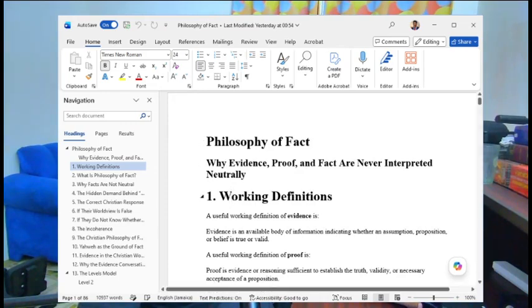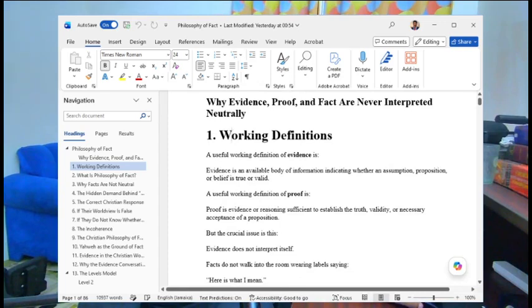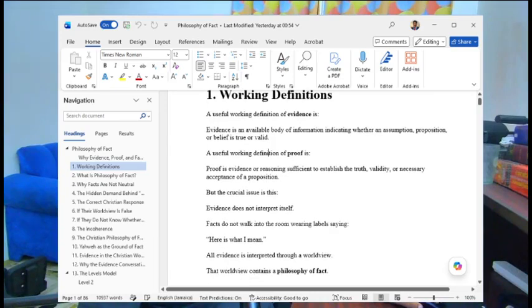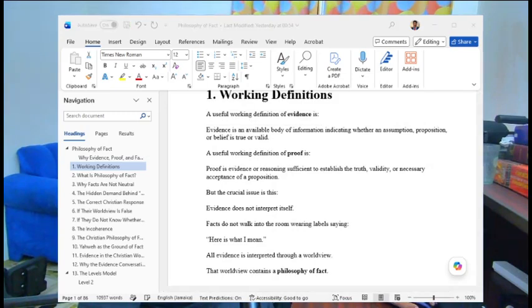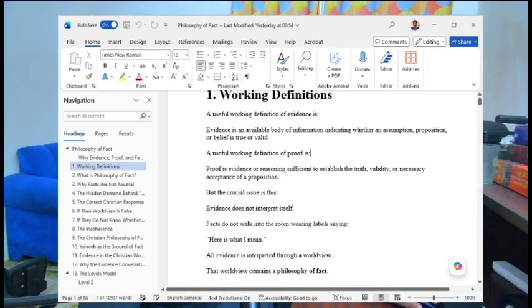All right, so start with the first one, working definitions. What we have here is a useful working definition for evidence. Working definition for evidence. And if you're already reading, then you already know where I'm going with this.